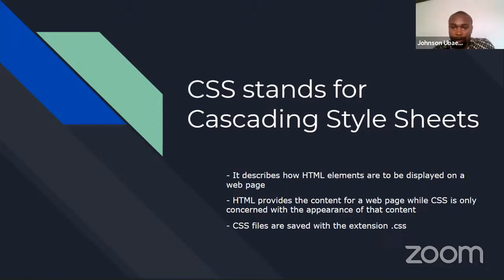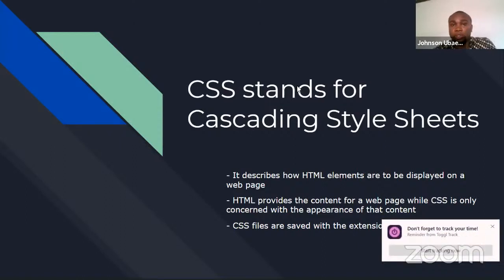It describes how HTML elements are to be displayed on a web page, right? So the HTML provides the content for a web page, while CSS is only concerned with the appearance of that content. So the content doesn't come from CSS, it comes from your HTML file, right?